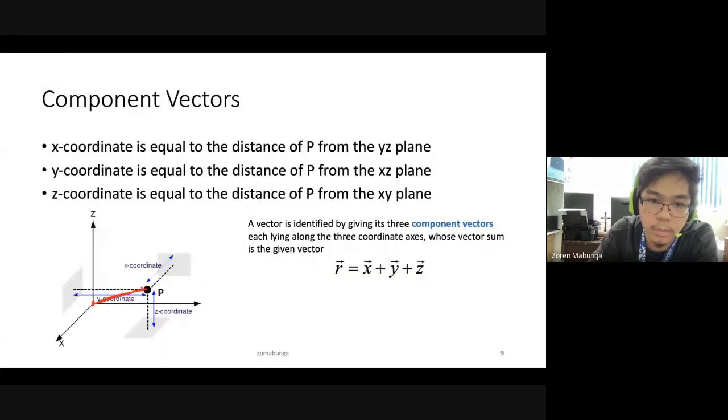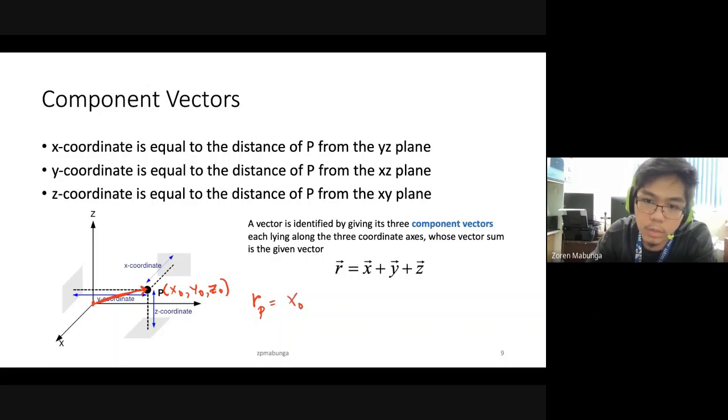May arrow dapat na vector. Yung vector na yan, pwede mo yung isulat using this format. Kung ang tawag natin dun sa vector is si R, tapos yung point na kung saan siya tumigil is si P, so R sub P is equal to, assuming na yung P, ang coordinates niya is x0, y0, z0, so ang pagsulat ng vector is ganito.